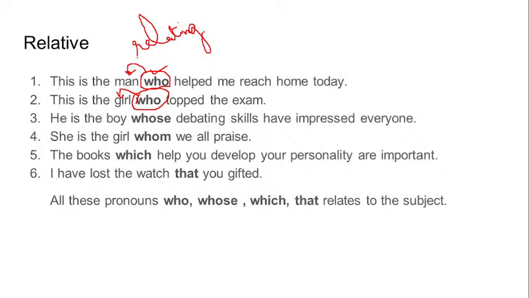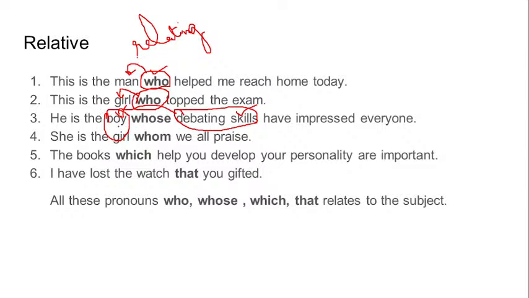Whose is the genitive case of the pronoun who. That means, whose debating skills? This debating skills thing actually belongs to this boy. There is a sense of belonging. Who possesses the debating skills? The boy possesses the debating skills.